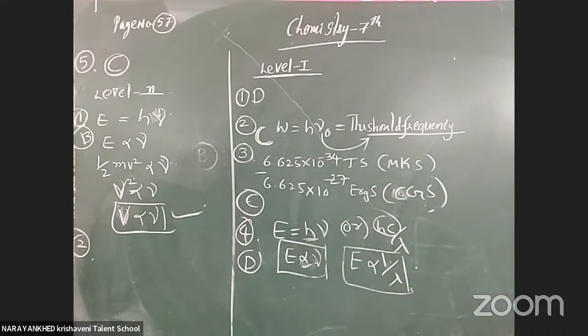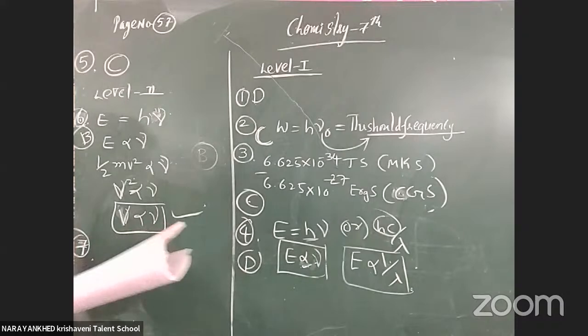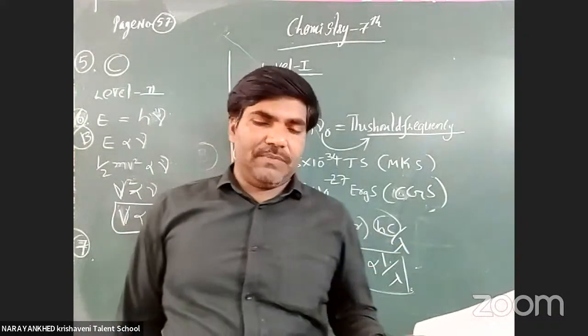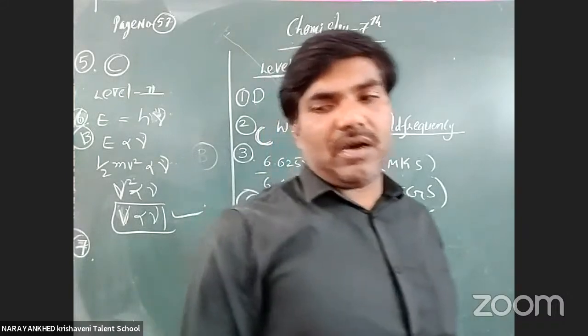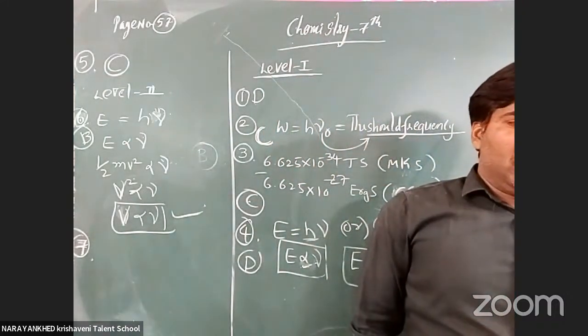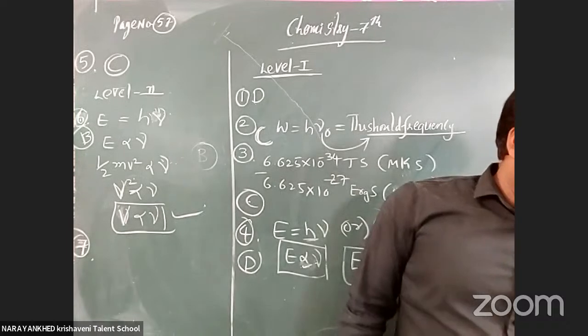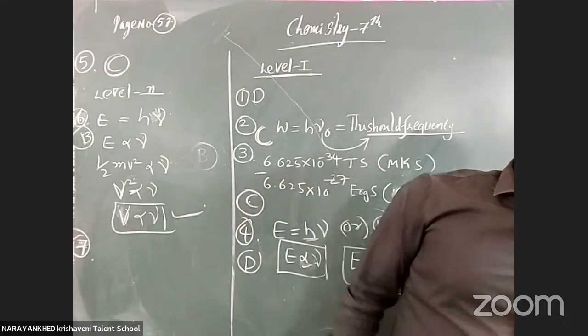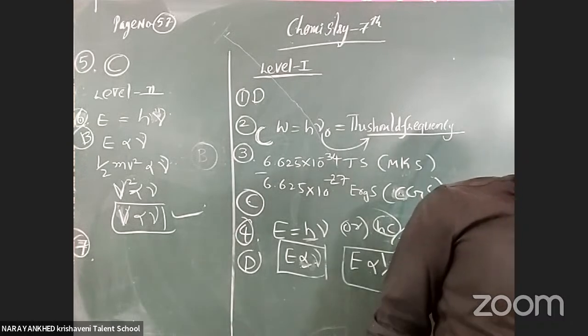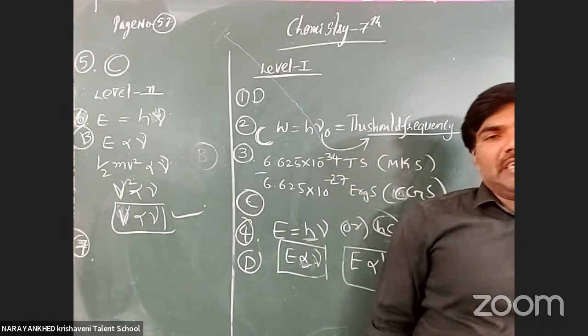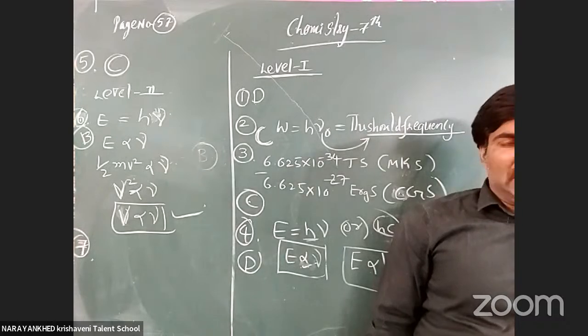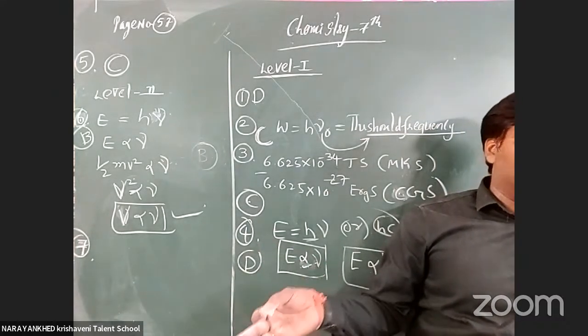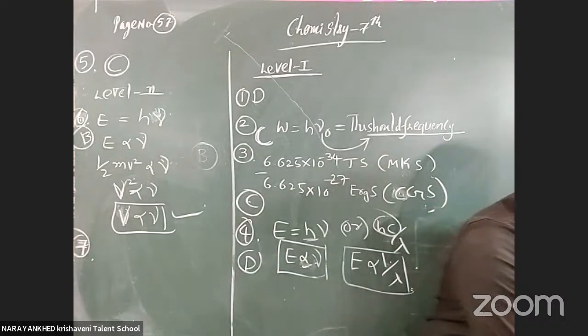We got question number 7 now. What color light will produce a photoelectron with the highest average kinetic energy? Yesterday we already took problems like this. We have to know the relation between wavelength and kinetic energy.